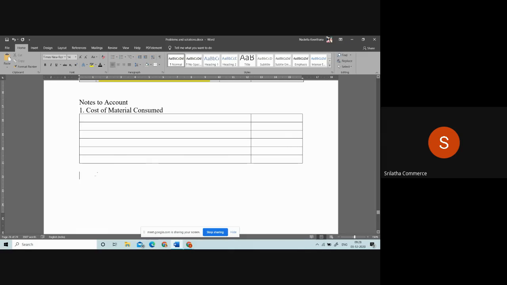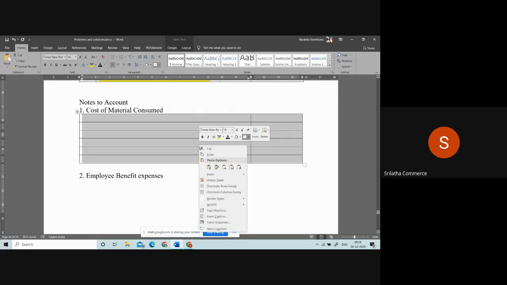Then the second one after cost of material consumed, we'll go with employee benefit expenses. Change in inventory is not there.